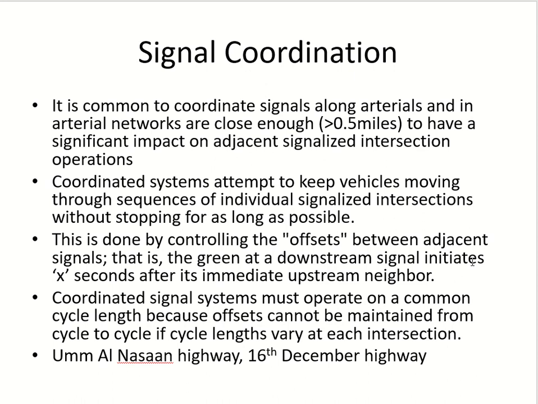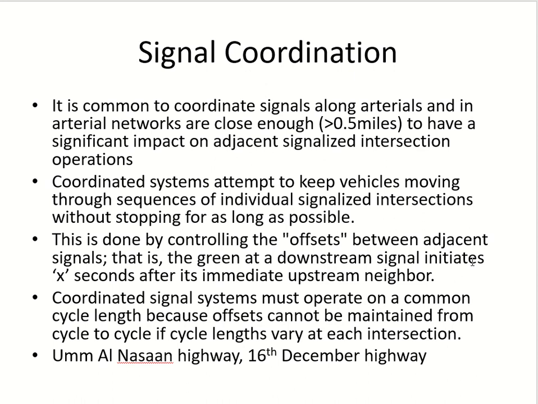They have to stop. If the other roads are also major, you cannot do this. So coordination is applied on a major road which is intersected by a series of minor roads, and the purpose is to make sure that vehicles move without stopping.